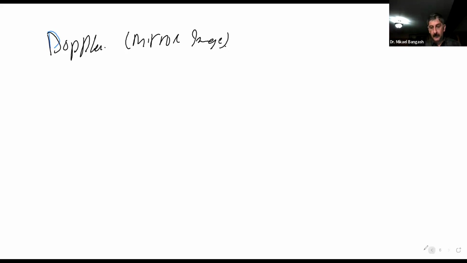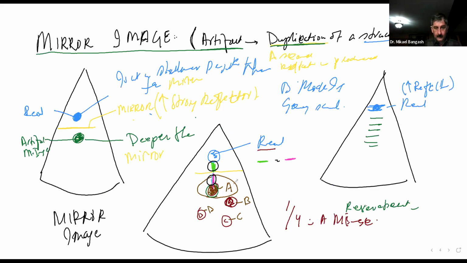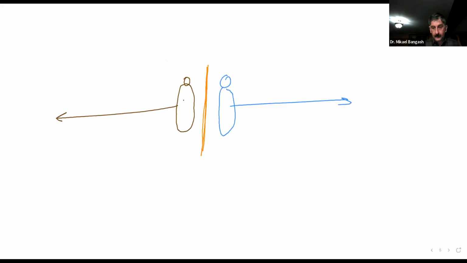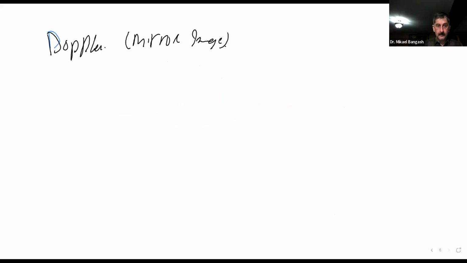Please keep in mind, as I just said, that the mirror image is always going to be deeper than the mirror, and the real structure is going to be at a shallower depth. That concept of mirror image in Doppler applies to your color Doppler only.